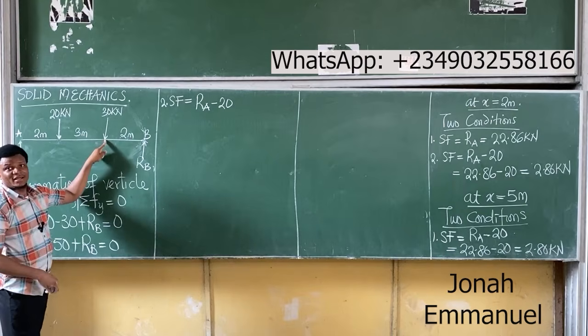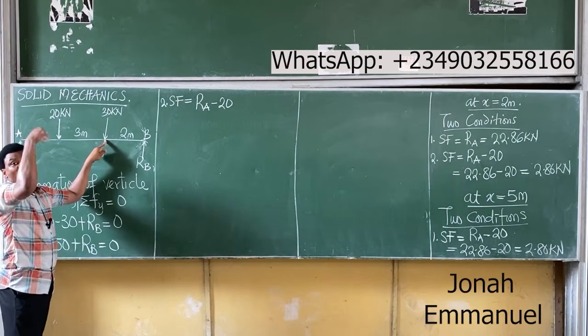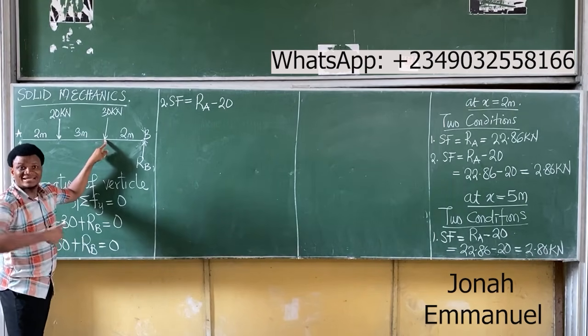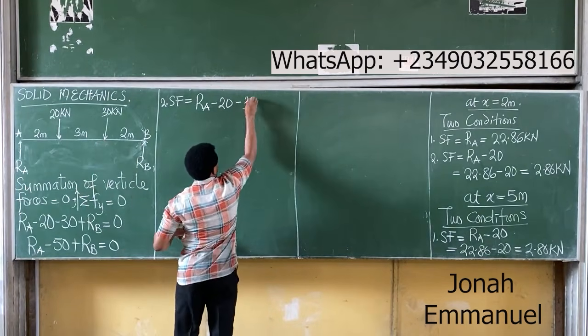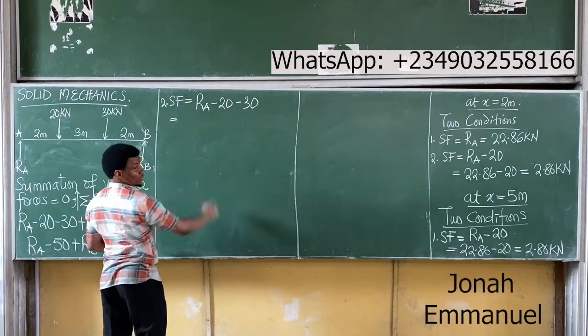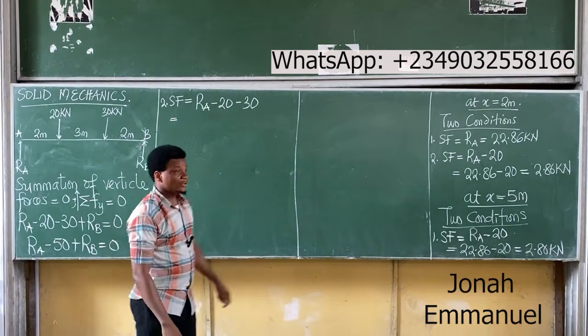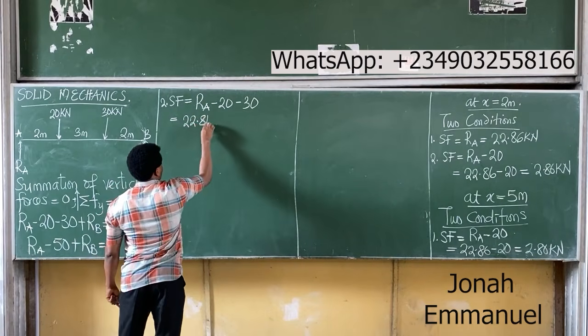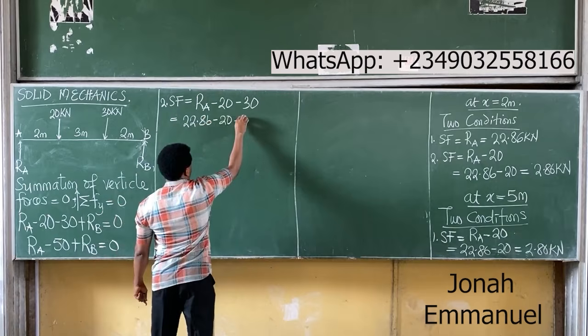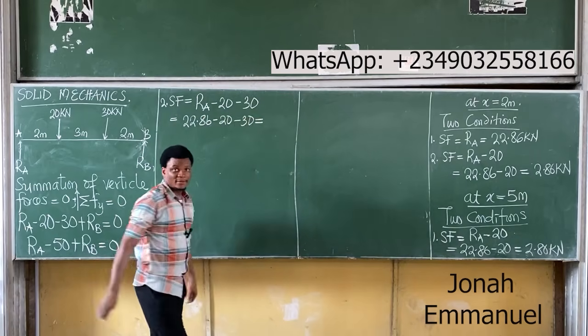At this point, what do you have there? 30. Going up or coming down? So it becomes what there? Negative, so it becomes minus 30. And that's equal to 22.86 minus 20 minus 30. What do you have there, please?